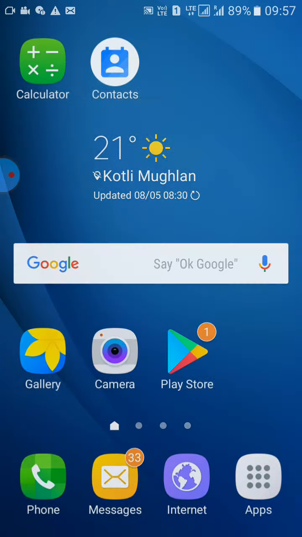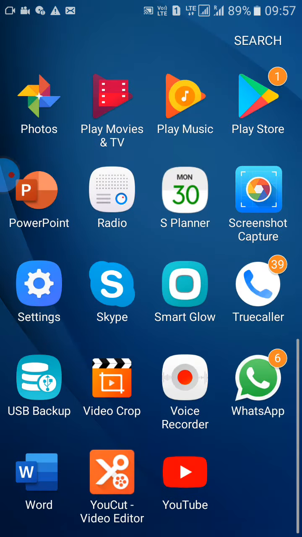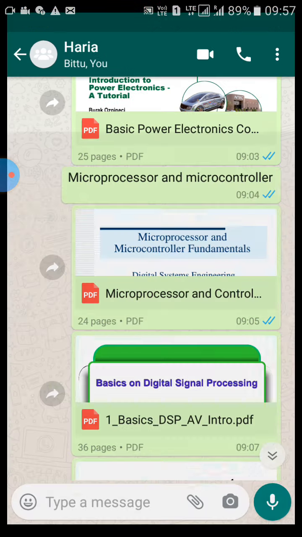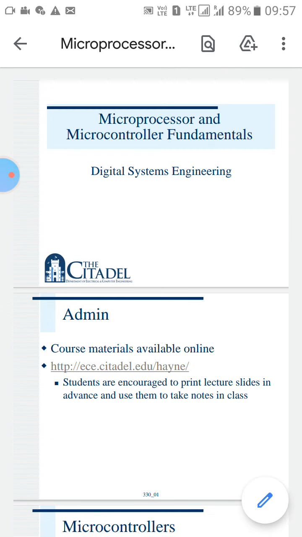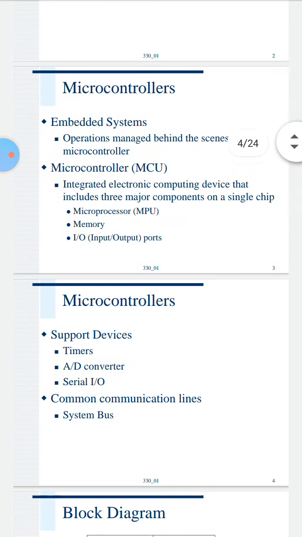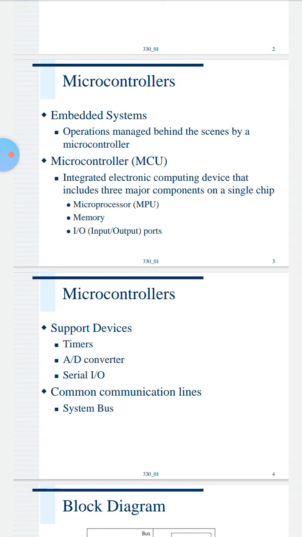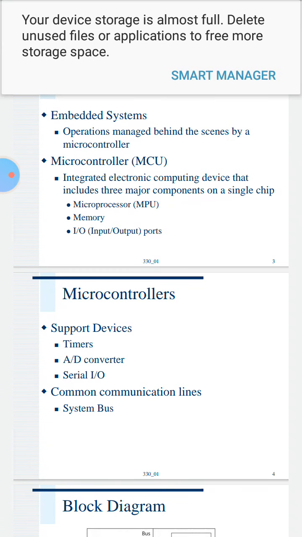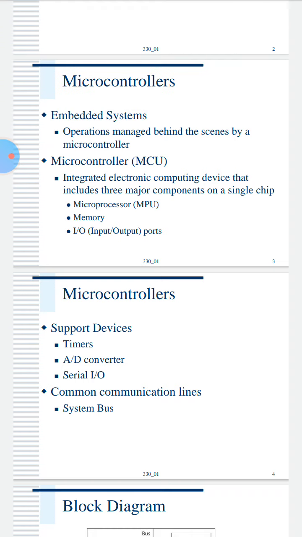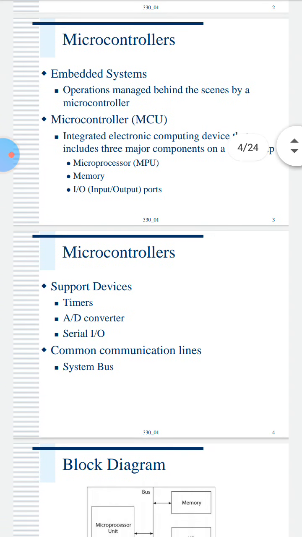This microprocessor concept enhances your knowledge of embedded systems and the supporting electronic computing devices that include the major components on a single chip. This is called the microprocessor: memory and input-output ports.